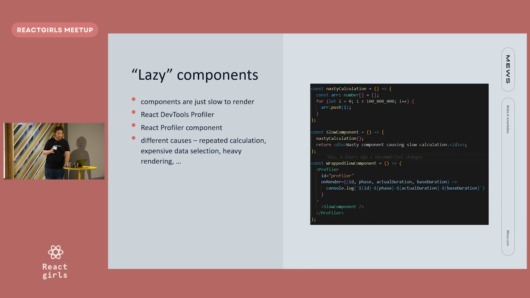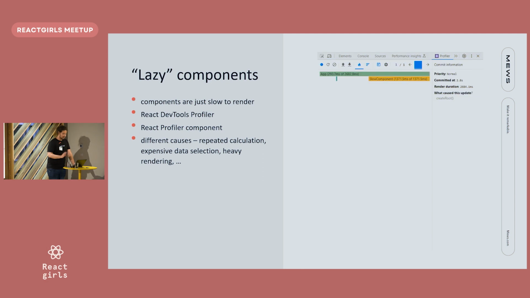Usually, it's caused by things like repeated calculations, which could be cached, or faulty selectors, or just heavy rendering of some heavy page. It has a lot of reasons. Basically, you just need to do a whole investigation. But how can you find it?